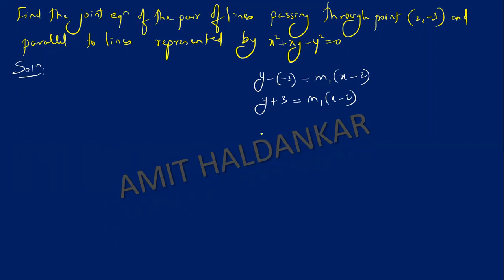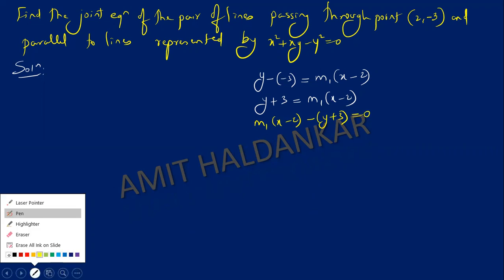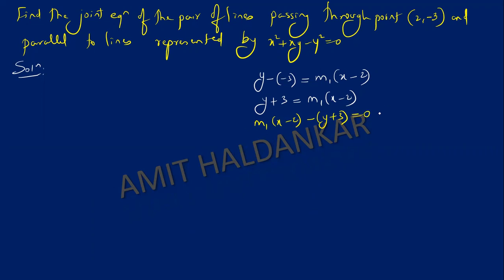I can take this on one side: m1 into x minus 2 minus y plus 3 is equal to 0. We can call this equation number 1. This is the separate equation of the first line.